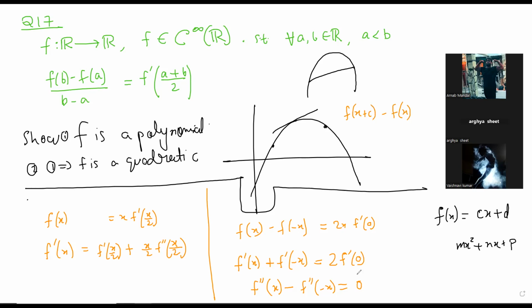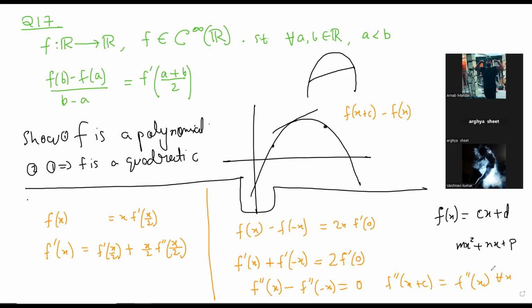Then again by the same trick, you get that f double dashed of x plus c is equal to f double dashed of x. Is that correct? For all x and for all c. And this just solves the problem, because now you know that f double dashed is a constant function, so f triple dashed is 0, and then everything follows. You integrate and so on.